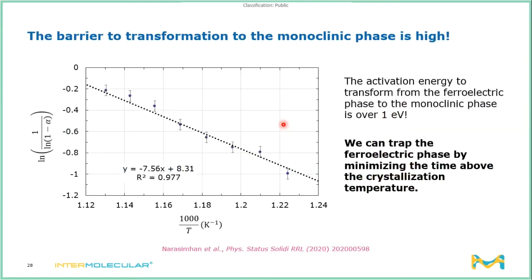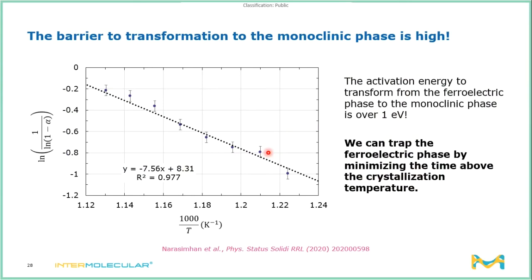This type of measurement doesn't just paint a pretty picture of what's going on in the system, it helps us to mathematically model what's going on in order to make pragmatic solutions for how to make our film more ferroelectric in the end. So by looking at the transformed phase fraction, how much of the film switches from the orthorhombic phase to the monoclinic phase over time, we can make a diagram like what I've illustrated here called an Arrhenius plot.